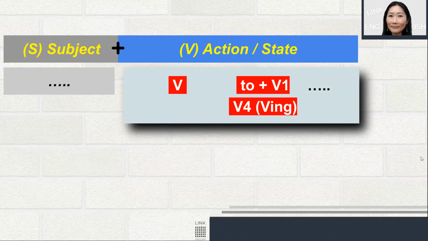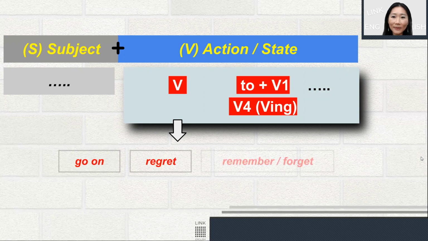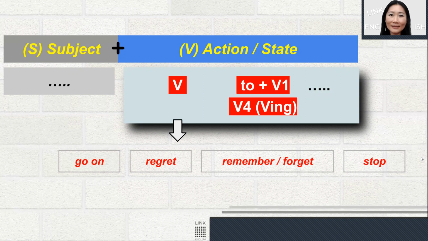V4 means something now or in the past. Let me give you more examples. Go on, regret, remember or forget, stop. You really need to use these verbs in real situations, creating sentences, and try to understand the meanings of those sentences.